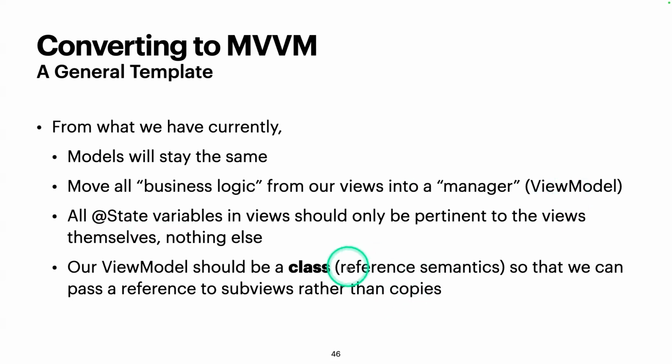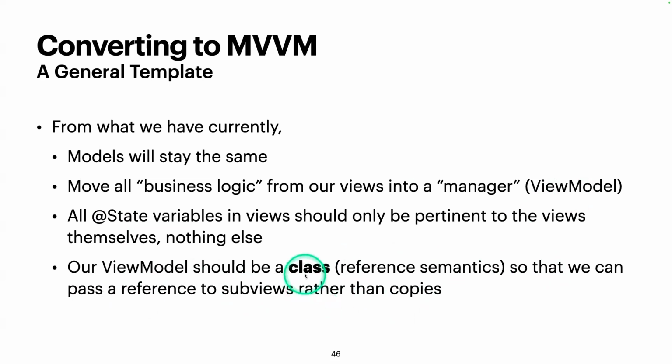And our view model should be a class, not a struct. Our view model should conform to reference semantics so that we can pass a reference to our subviews rather than copies. What this means is that by creating our view model as a class, when a subview requires that view model, we can just pass it directly, and it references the original view model instance that we have created.